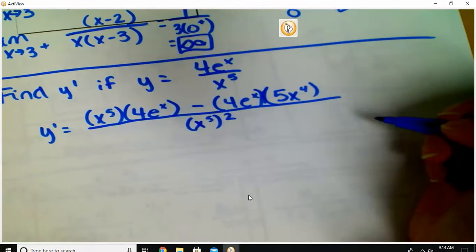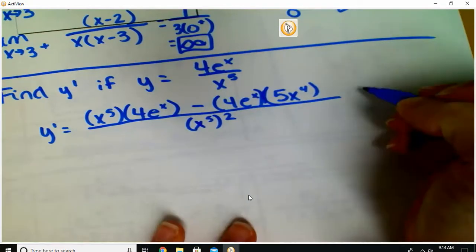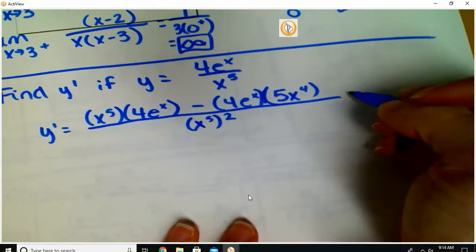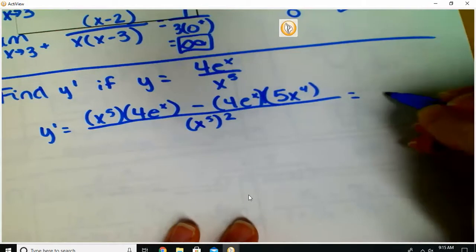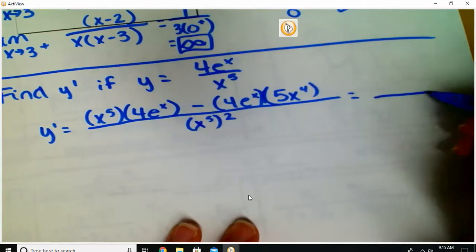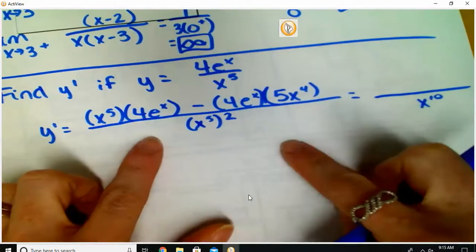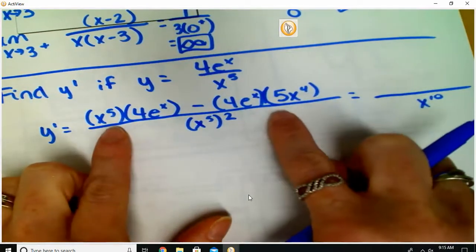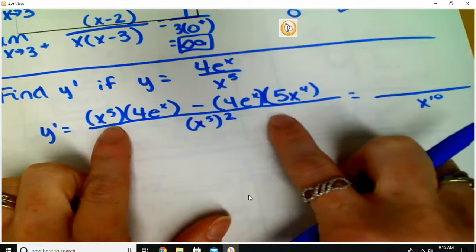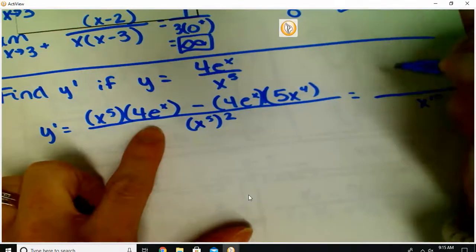Okay, let's say I really asked you to clean this up. On the bottom, what would that turn into? X to the 10th. On the top, what could I factor out? Okay, we can take out the 4e to the x.